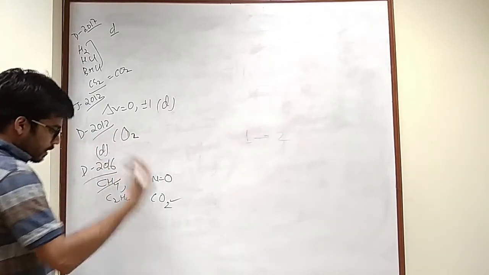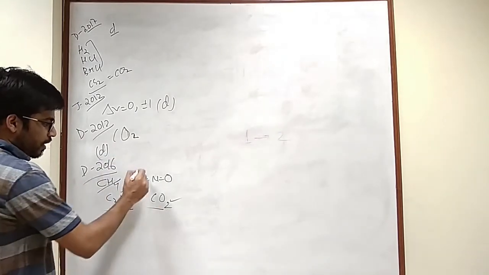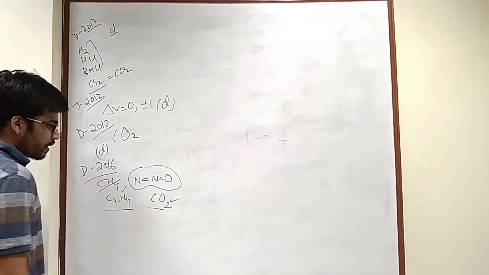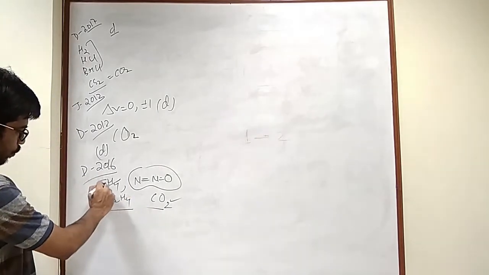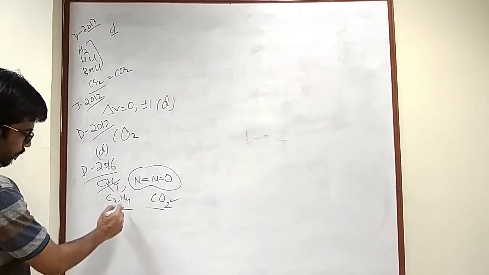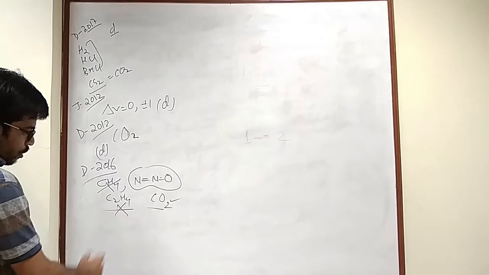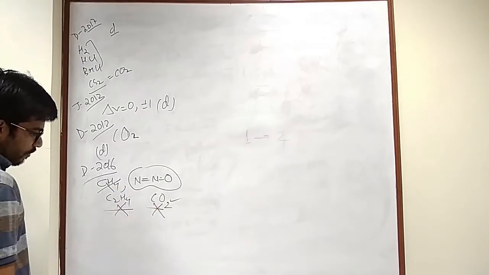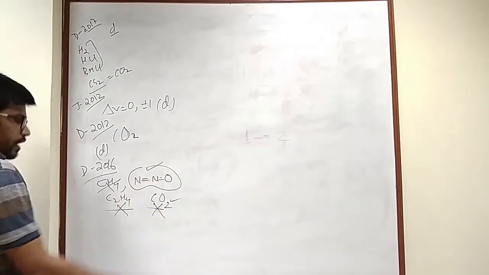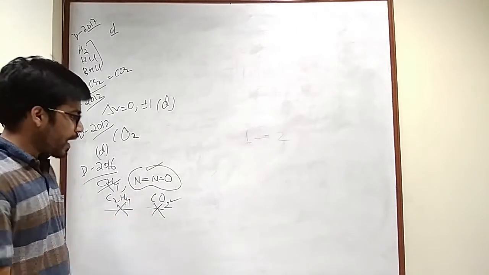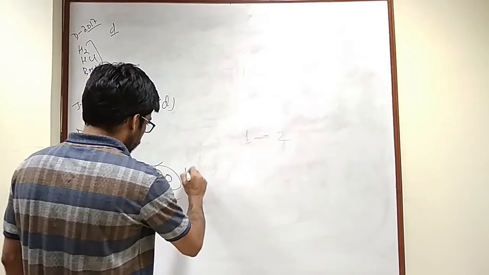In this one and this one there is no permanent dipole moment, but there is a very good permanent dipole moment in this, because of which this molecule is rotational inactive, this molecule is rotational inactive, this molecule is rotational inactive, but this is going to be rotational active, and it is also going to be rotational Raman active. So this is the answer given in option number B.